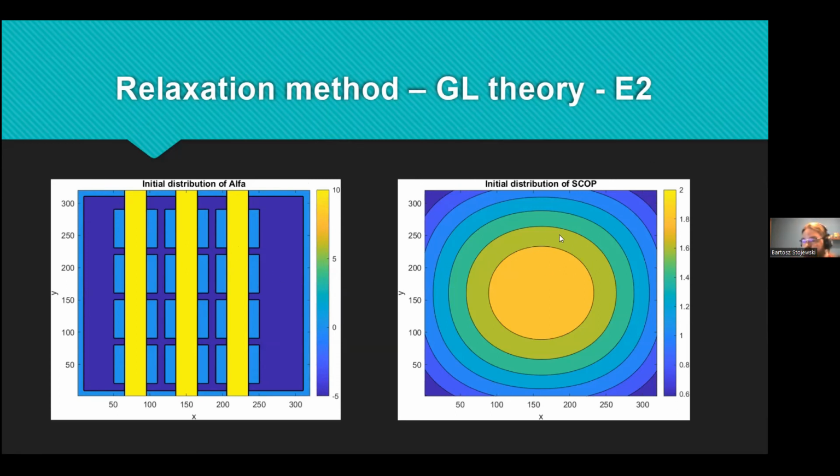On the right, we have the initial distribution of the superconducting order parameter. This is basically our guess. We are trying to guess the initial distribution. It can look different.